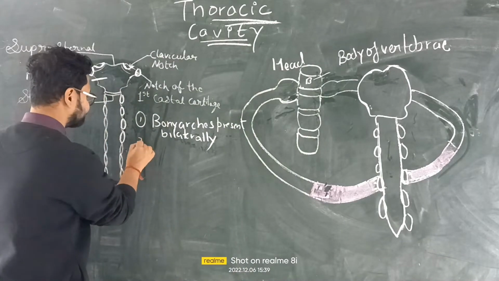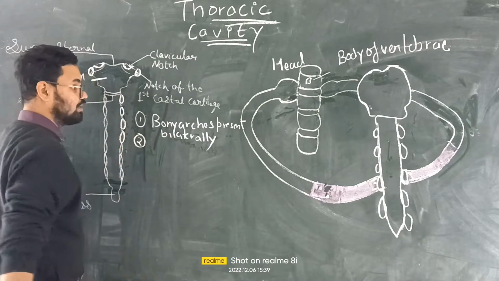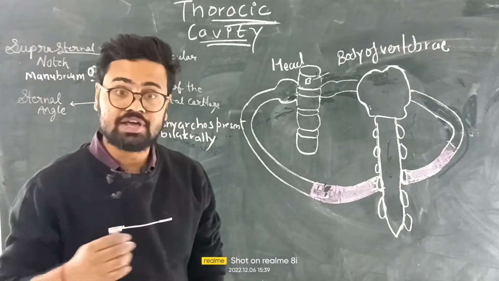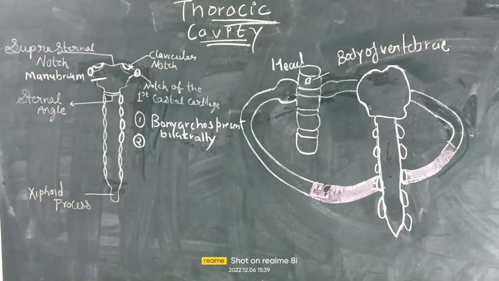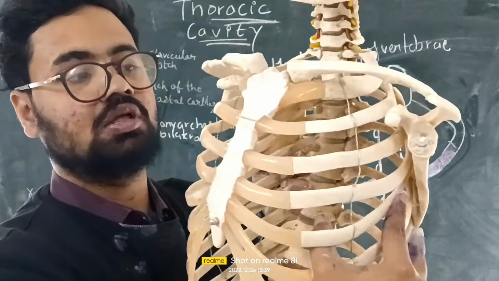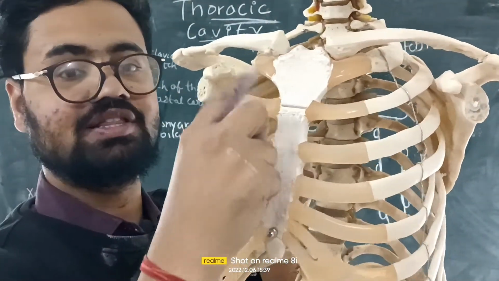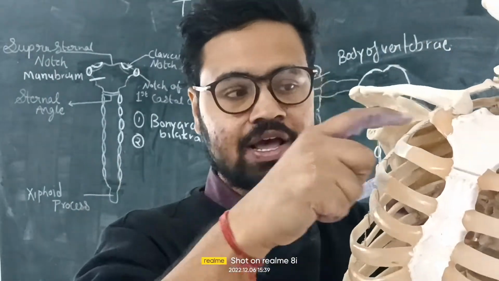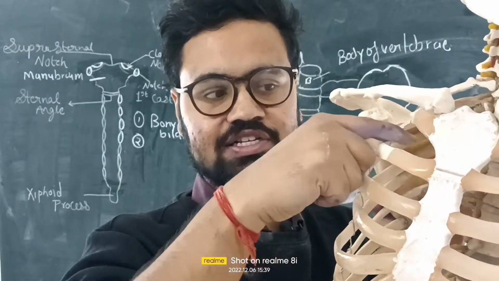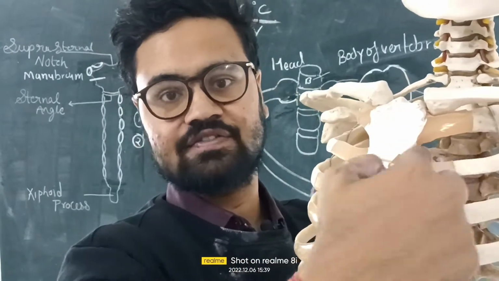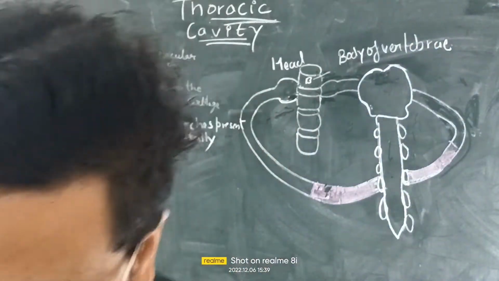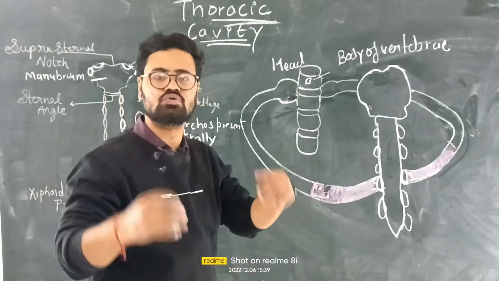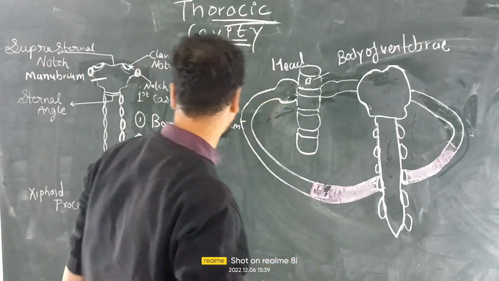Next one, the space between, which space? Let me show you. The space between any two ribs is known as the intercostal space, where intercostal muscles are attached.